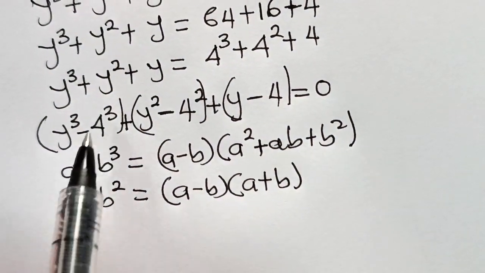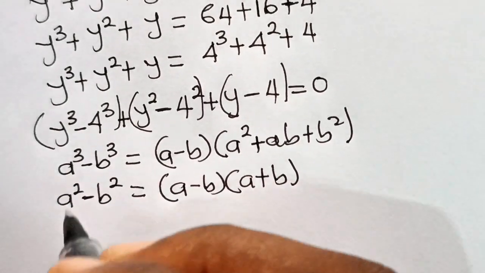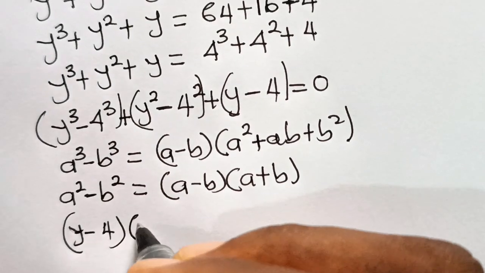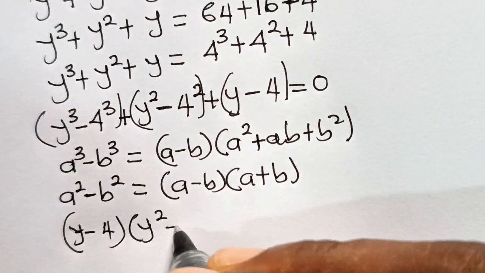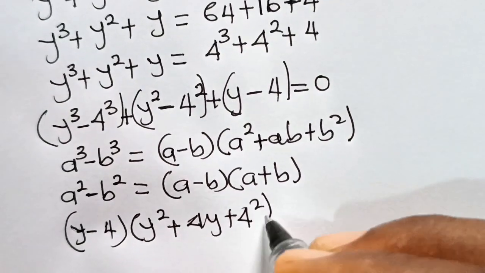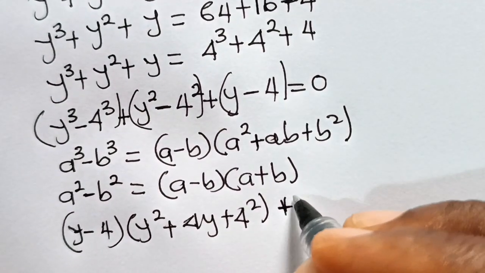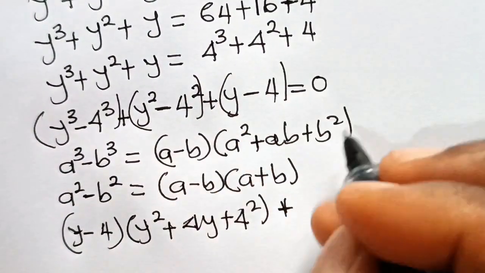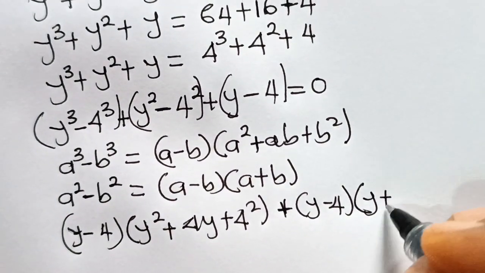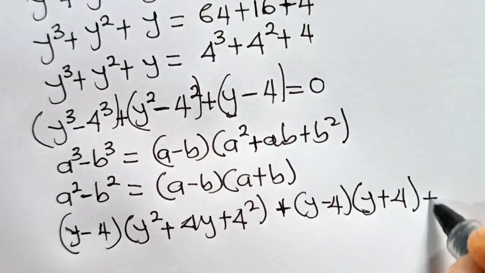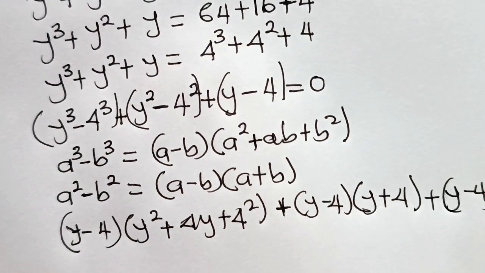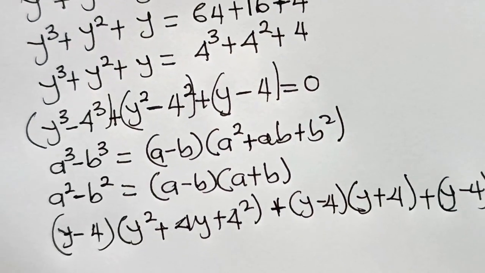So we can express this as y minus 4 multiplied by y squared plus 4y plus 4 squared, then plus y minus 4 multiplied by y plus 4, then plus we have y minus 4 remaining is equal to 0.